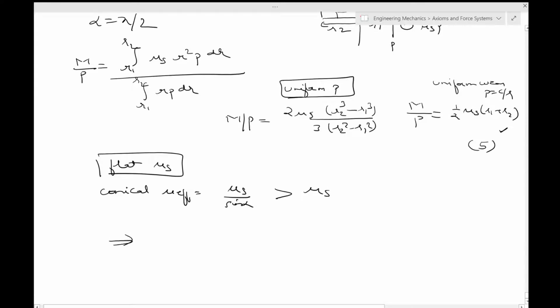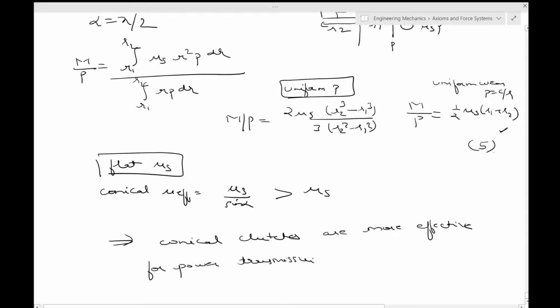This implies that conical clutches are more effective for power transmission. Power transmission, as you can see by all of these formulas, is directly proportional to the friction coefficient.